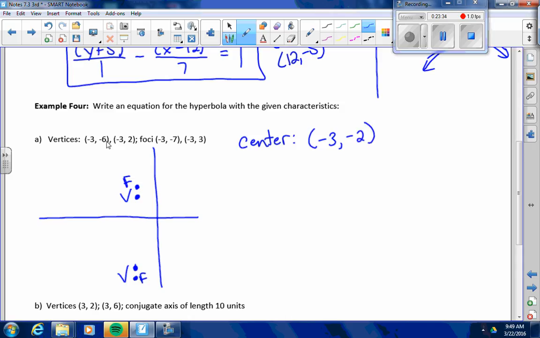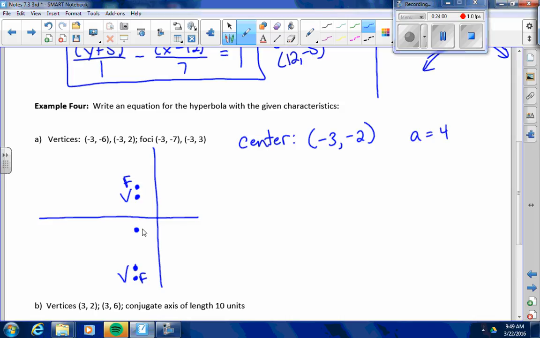Because I need to go from negative 6 up to positive 2. That's a total of 8 units long, which means the A value has to be 4. And if the A value is 4, then 4 units down from 2 puts us at negative 2. So we have a center at negative 3, negative 2.